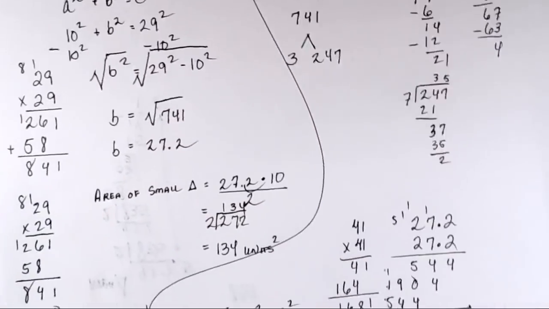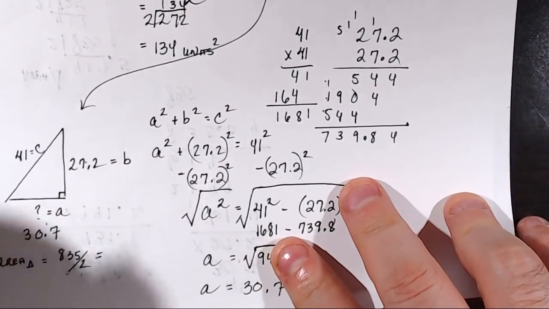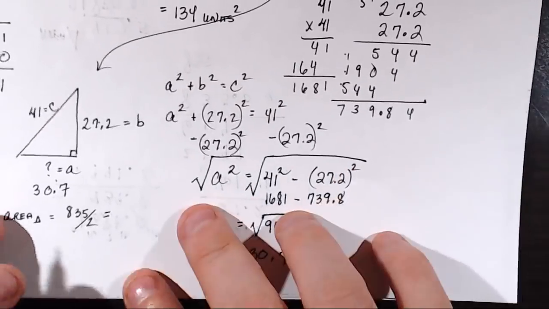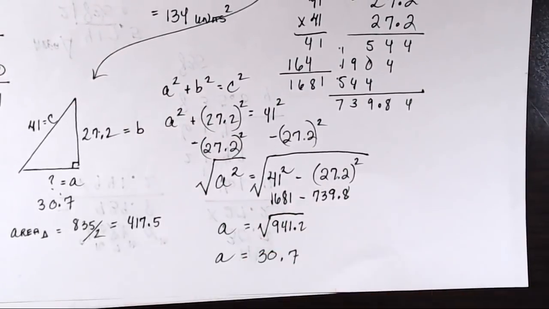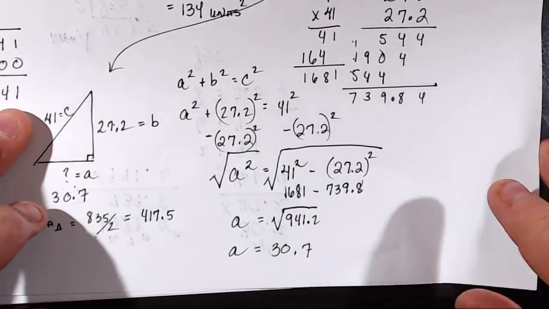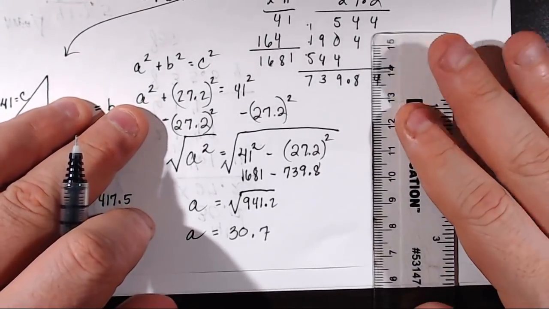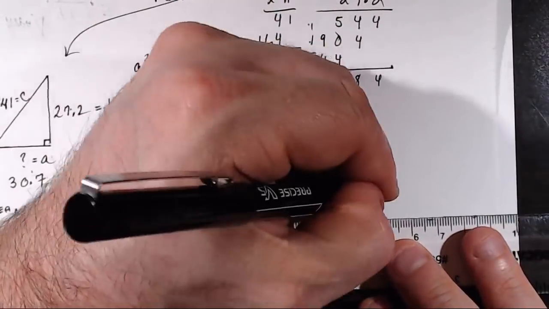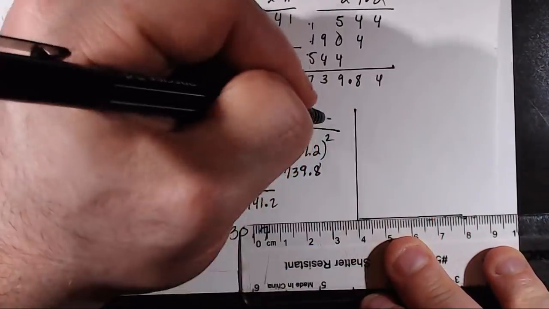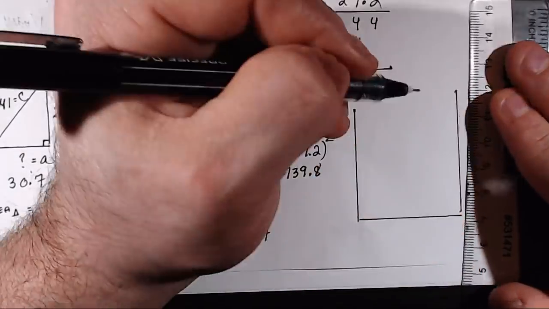So now we have to add the areas together. So this was equal to 417.5. Okay, so flip. So now we have to add those two areas together. Make a little box here for our final answer portion.